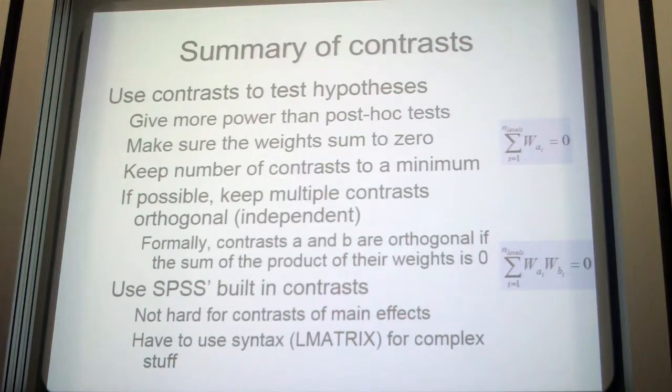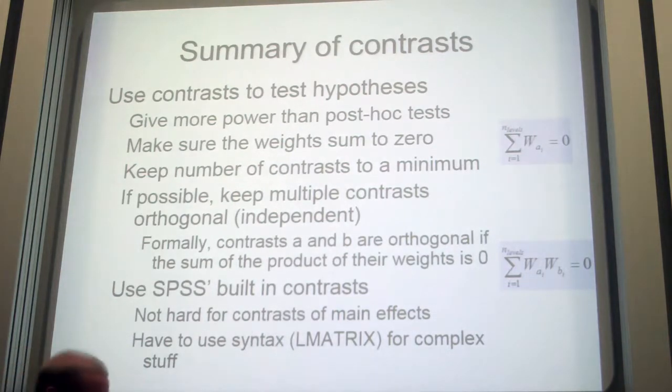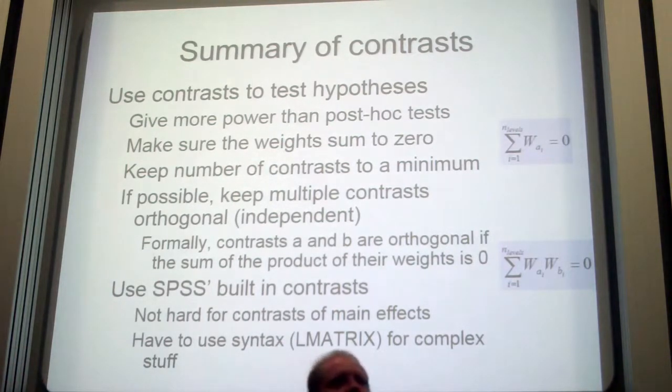Use the built-in ones if you can. Otherwise, you have to use the L matrix or the C matrix or the M matrix, depending on the case, and you have to get into syntax. As I say, the quick and dirty way is to do the one comparison as a t-test. Calculate all of the values, multiply out the weights, as in the example where x1 is the midpoint of the other two.